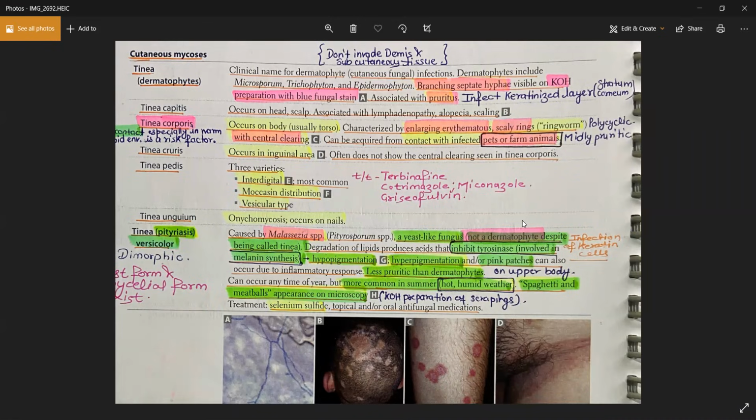Very important. Okay, and you need to know it is also a dimorphic fungi. You can list down the names of the dimorphic fungi. It is very important because Step 1 can ask you about a dimorphic fungi. Okay, and you need to know that it inhibits a tyrosinase enzyme which is involved in melanin synthesis. Remember the reaction? Can anyone tell me the reaction?